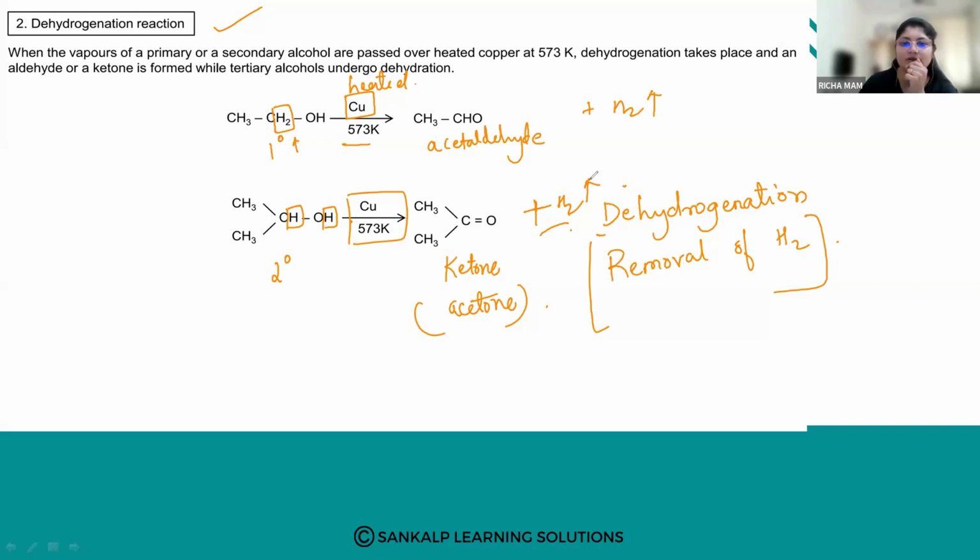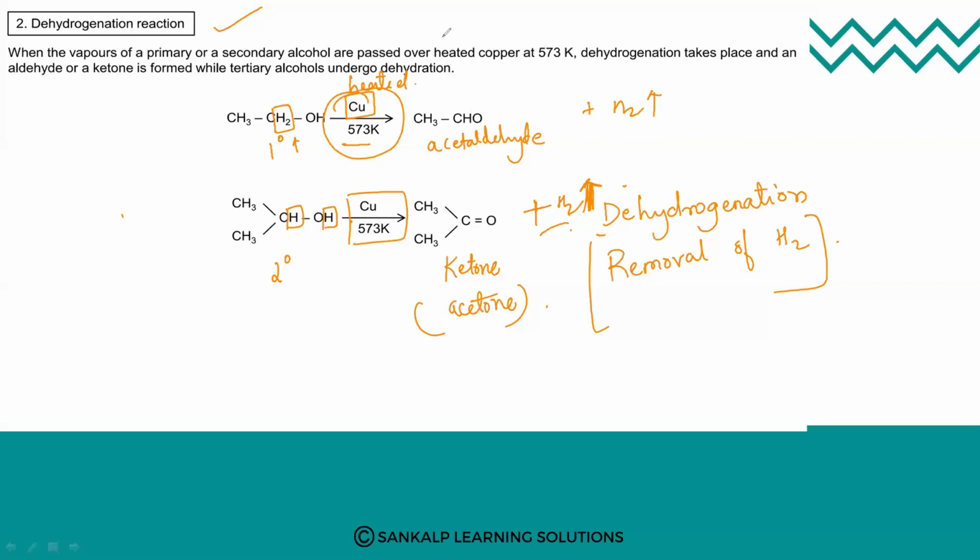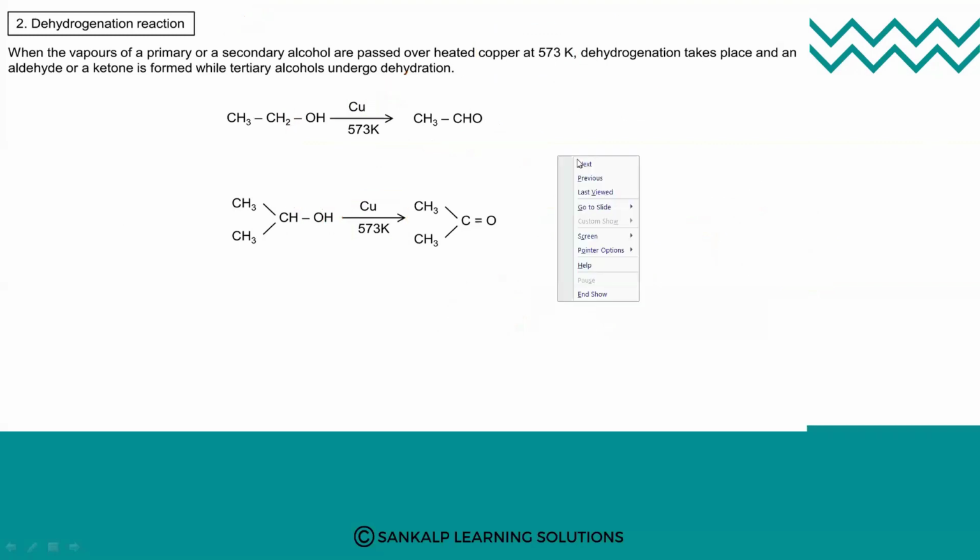Very important: dehydrogenation can be carried out when you treat the alcohol with copper at 573 Kelvin. Here the temperature is important, so you have to remember that whenever dehydrogenation is taking place, copper is heated at 573 Kelvin. Let us go for the next one.